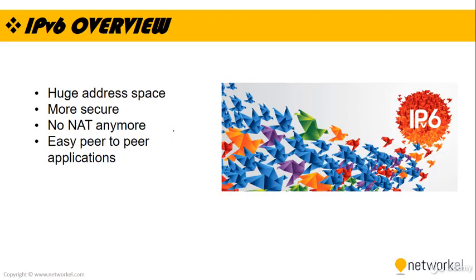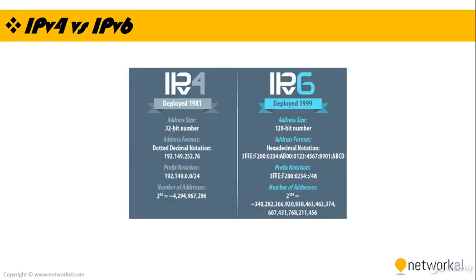IP version 6 provides a huge IP address range and a more secure environment. With IP version 6, we will not need network address translation, which converts private IP addresses into public IP address blocks.